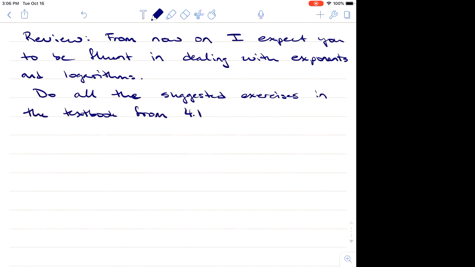All right, so there's going to be some for exponents and some for logs. Make sure that you just run through and do all those suggested exercises. If you are as fluent as I'm expecting you to be, it shouldn't take more than half an hour, right? And so you should just be able to bang all those out, okay? So that's where I'm expecting you to be.